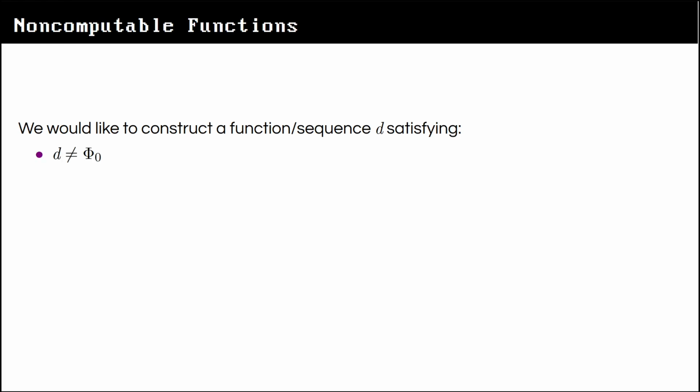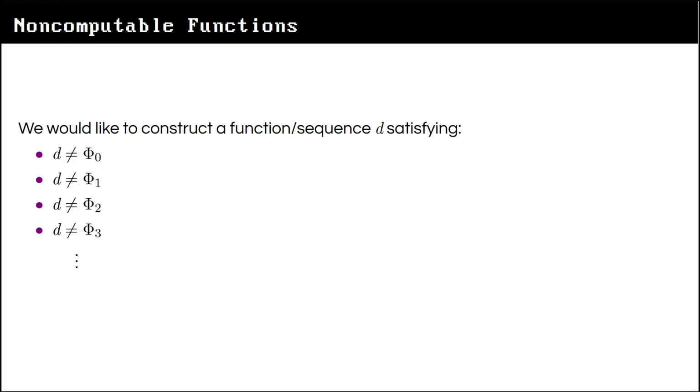First, we would like the function d to not be the function phi sub 0. There should be some input that we can give to the function d to get a different output than if we input that same input into the 0th computer program. Similarly, we also want d to not be phi sub 1, to not be the function computed by the first computer program, and so on and so forth.